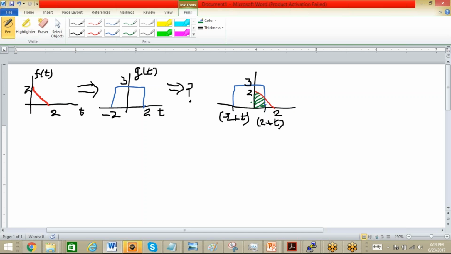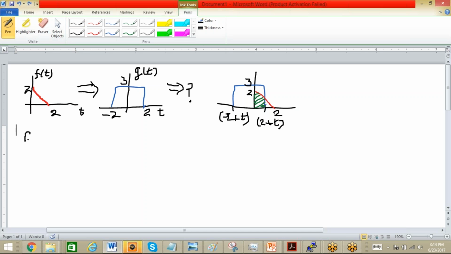If you have a closer look at this setup, we come up with 5 different cases. Let me discuss all these cases one by one. First of all, we have case number 1.